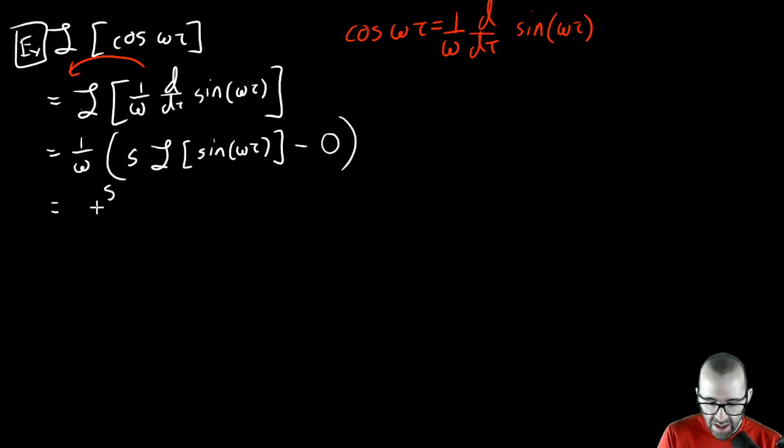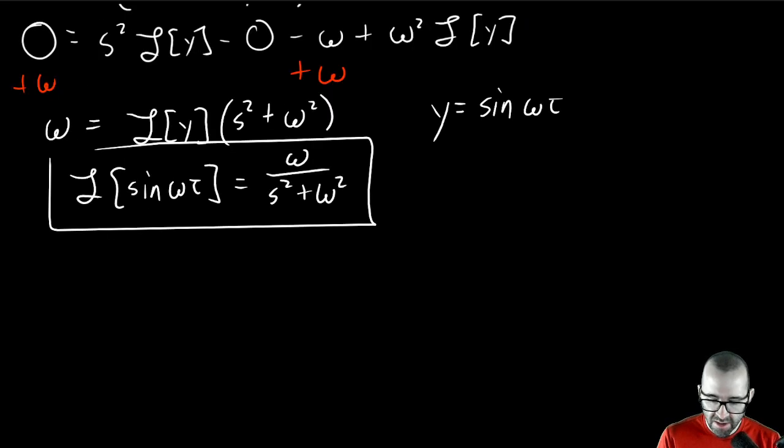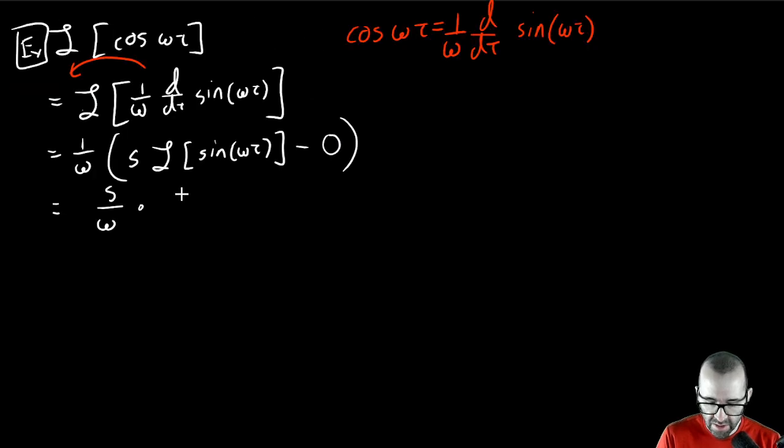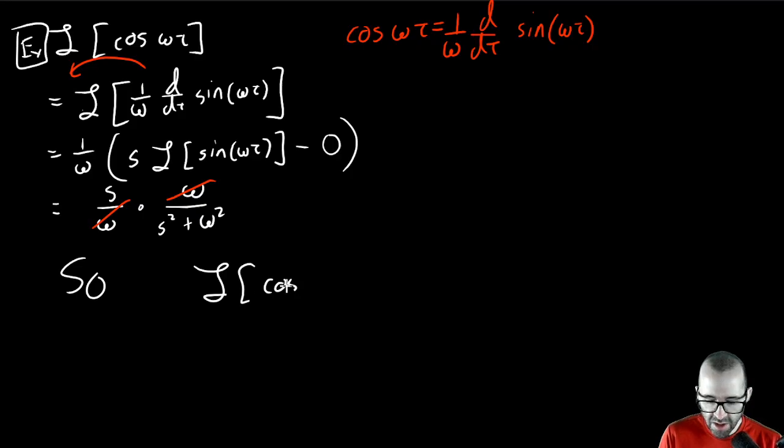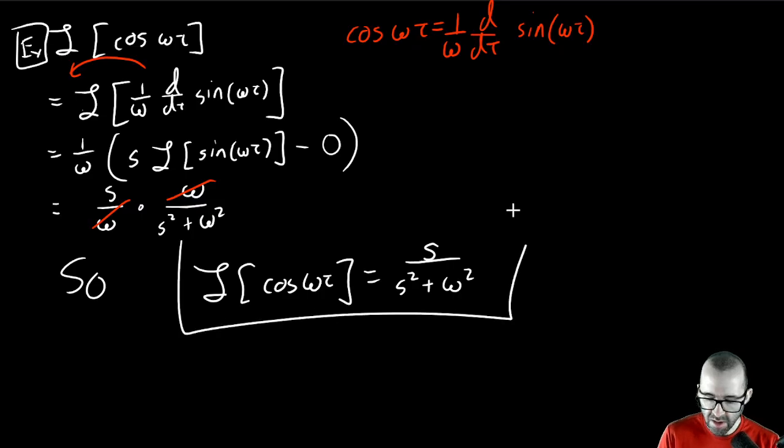So we just have s over omega times the Laplace transform of sine of omega t, which is this, omega over s squared plus omega squared. We get some nice cancellations, and we just have shown that the Laplace transform of cosine of omega t is equal to s over s squared plus omega squared. So very similar, it's just with an s in the numerator instead of an omega.